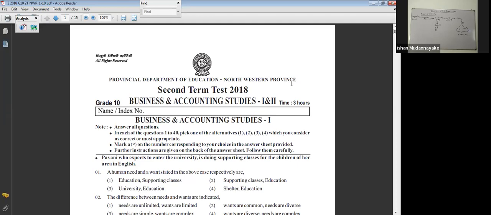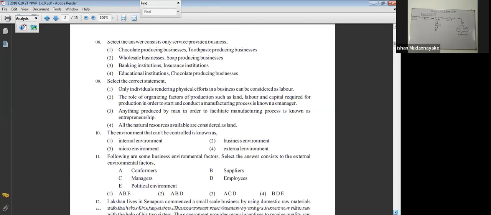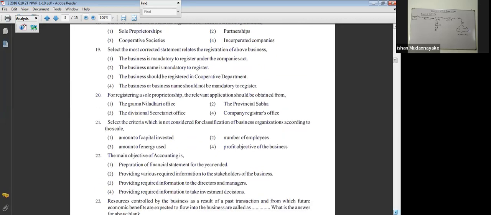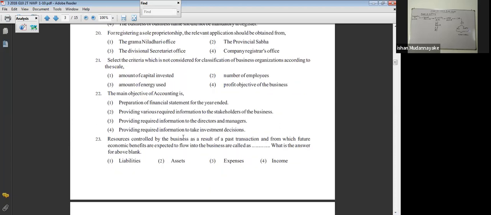Up to question number 20 we have discussed. This paper normally goes up to question number 20 or 21. Right, up to question 20 we have discussed. Then from 21 onwards we'll discuss now.